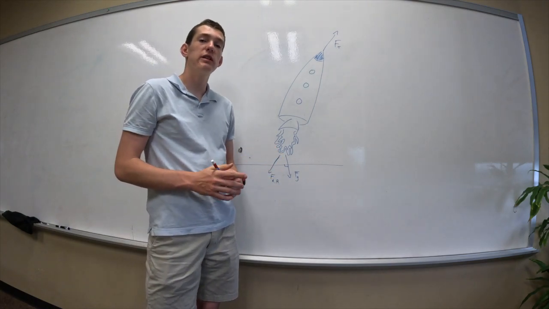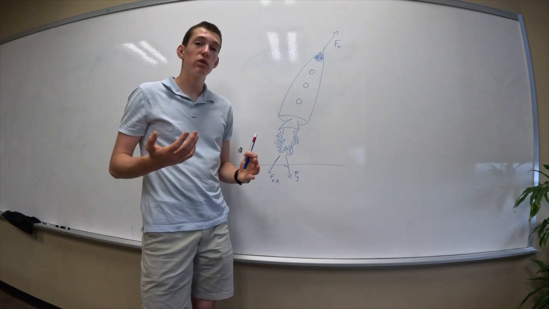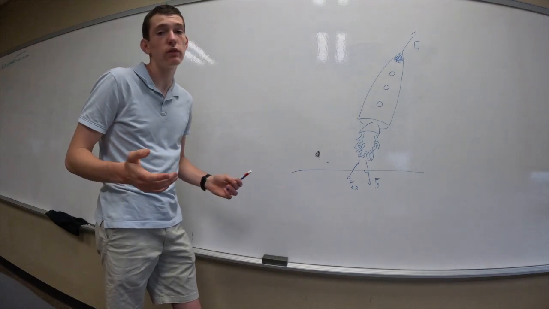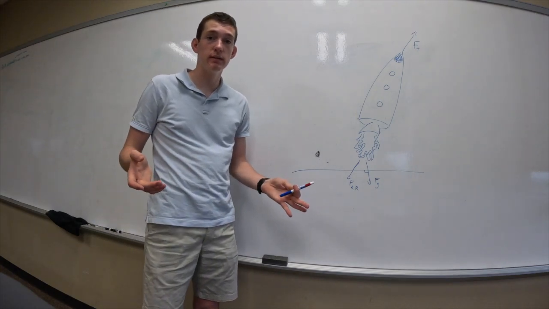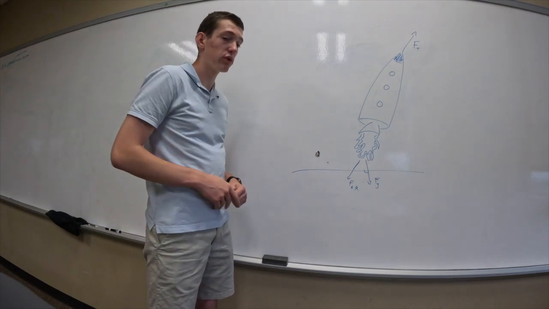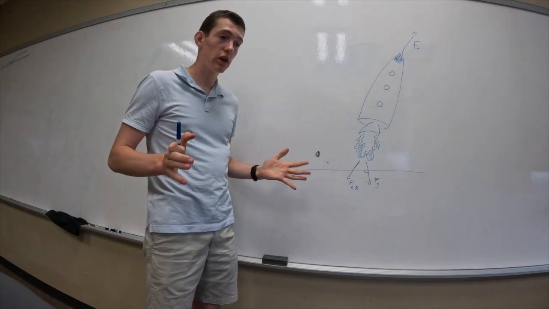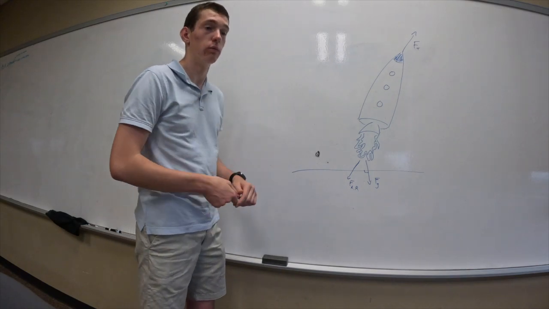Now we will dive deeper into what each of these forces look like, starting with the force of thrust. Force of thrust, as we said earlier, is the biggest force out of all three until the engine of the rocket turns off or is out of fuel.